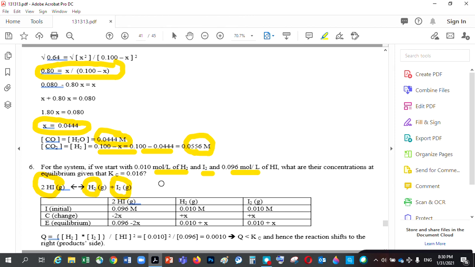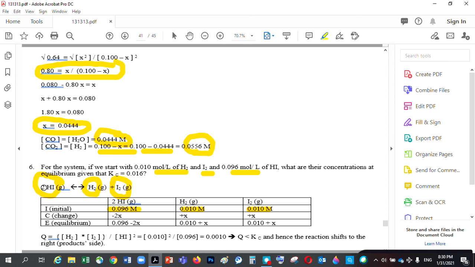So it looks like hydrogen iodide gas will be decomposing to get hydrogen and iodine gases. The initial concentration is given to us. The initial concentration of HI is 0.96 molar. The initial concentration of each product is 0.10.